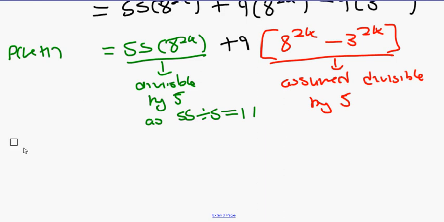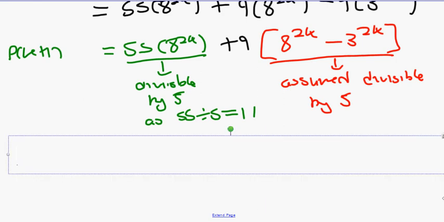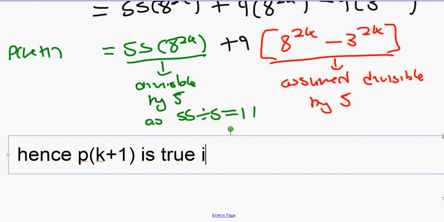So, therefore, hence P of k plus 1 is true if P of k is true.